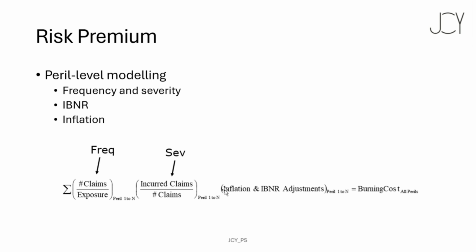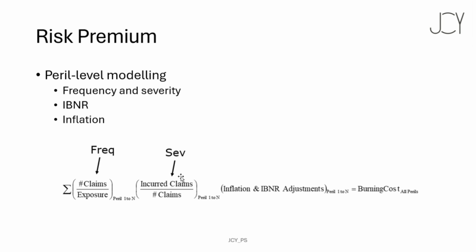And similarly, because we're looking at varying historical claim years, claims inflation changes over time. And since we're using past claims data to model on and applying the model to future periods, we need to take account of inflation and expected inflation.